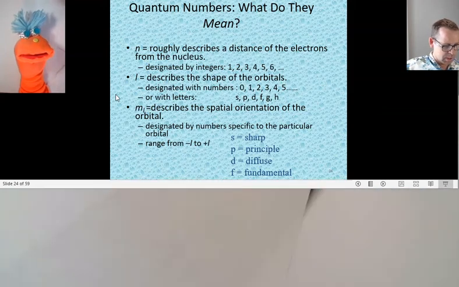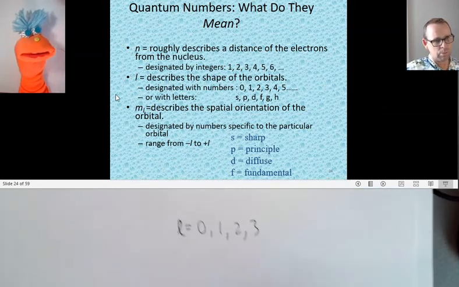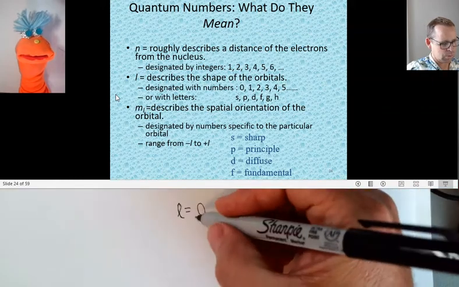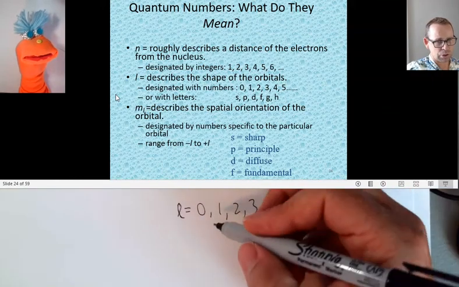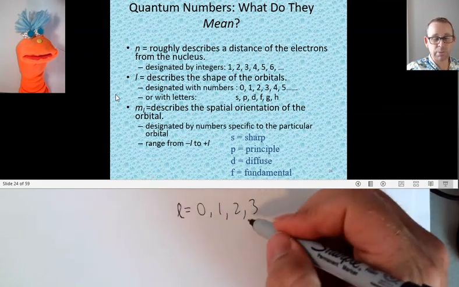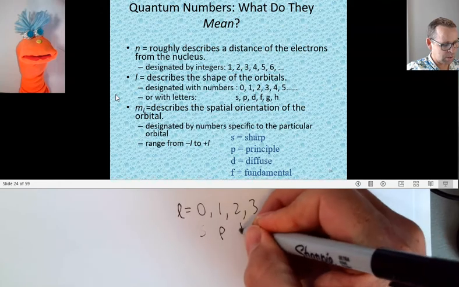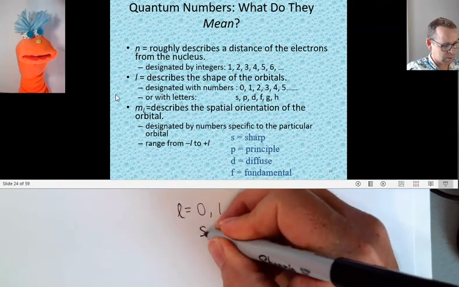And the reason we do this is because we often talk about the N value and the L value together. If they're both numbers, then it can be confusing. And so we have letters that go along with these L values. And the letters are S, P, D, and F.